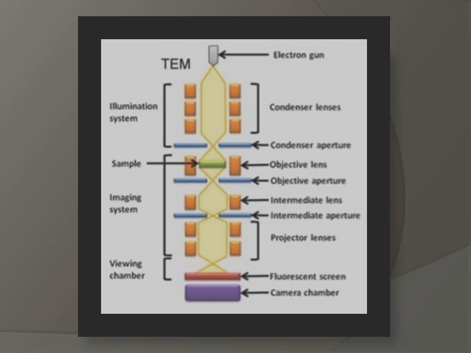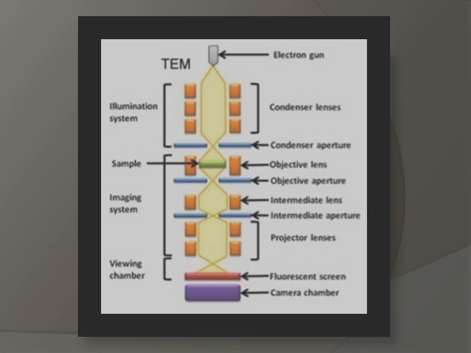The next is the place where the sample has to be placed, the sample holder. Beside the sample holder, you can see two objective lenses on either side, and next to it is the objective aperture, where the objective image can be transmitted.